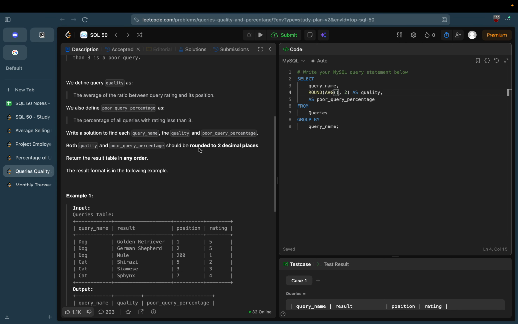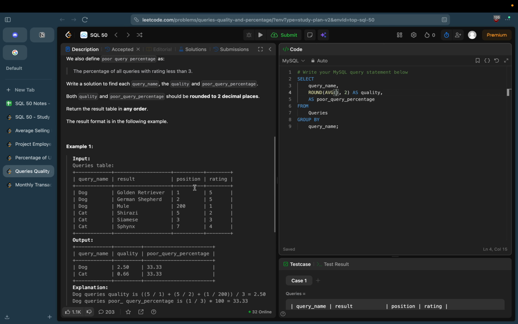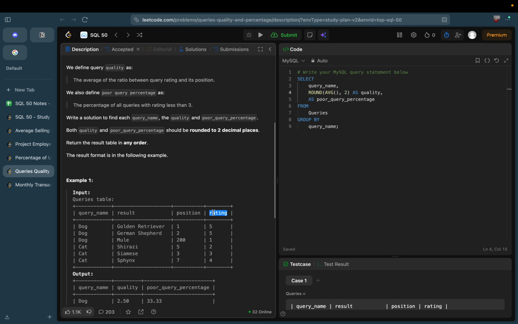So we need a ratio of rating and position. I hope you guys understand why I put backticks, because this was a keyword in SQL. Looks good to me. Let's move to poor quality percentage.